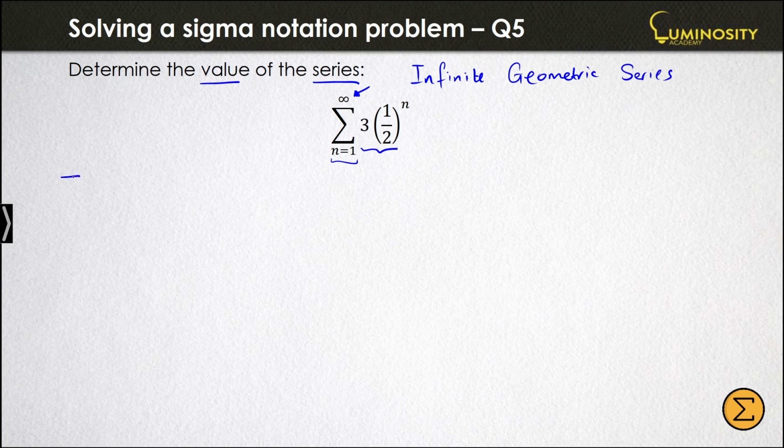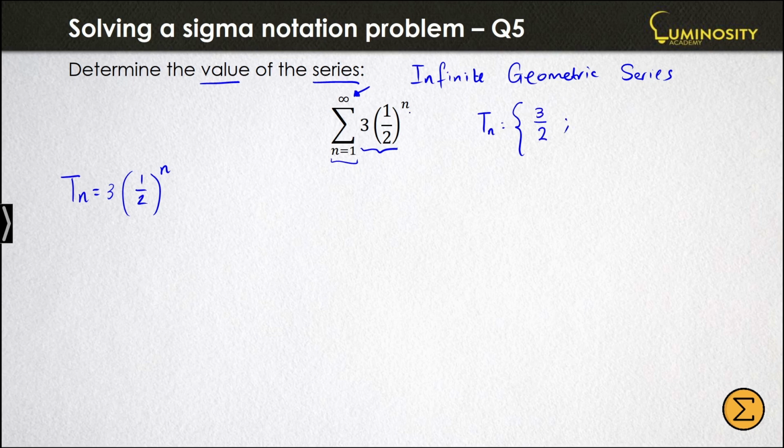So I'm going to call t sub n 3 times 1/2 to the power n. Let's have a look at the first few terms. I'm going to write t n out. When n equals 1, it's going to be a half to the power 1, which is a half, times 3, which is 3 over 2.